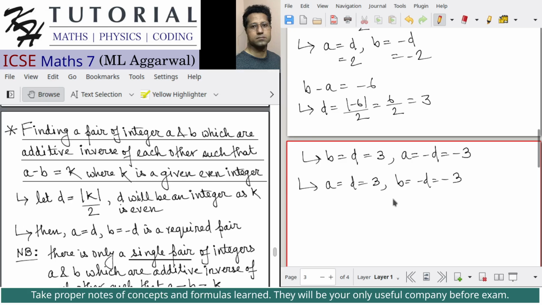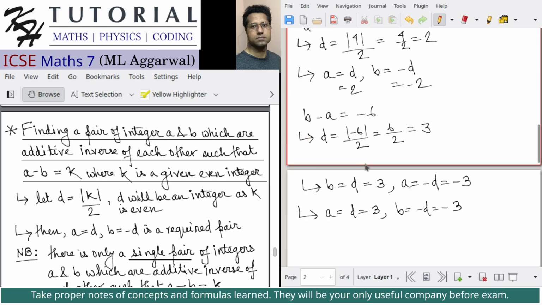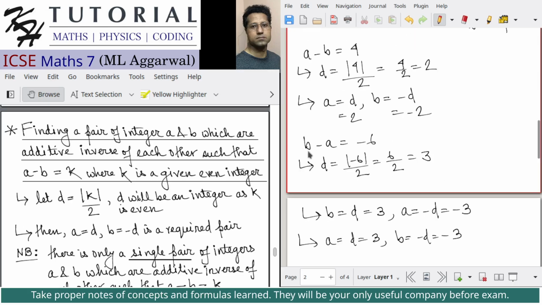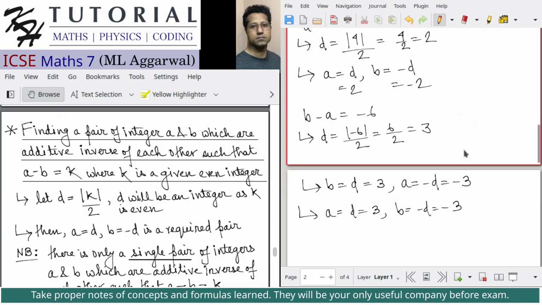Okay, now one thing to note is that there is only one pair of integers a and b which are additive inverse of each other and whose difference is a given even integer.